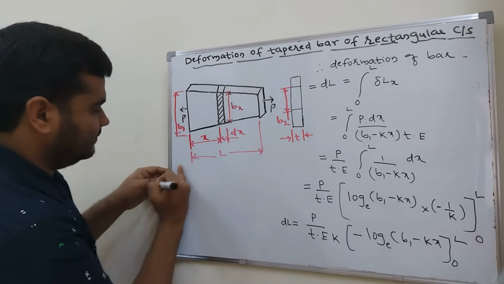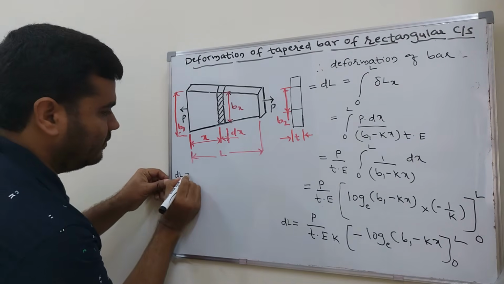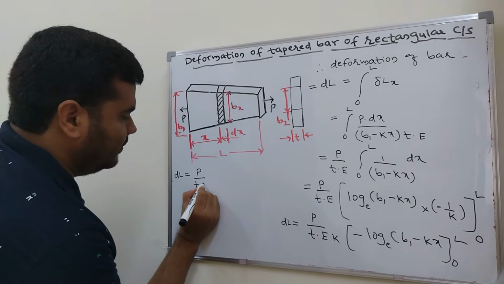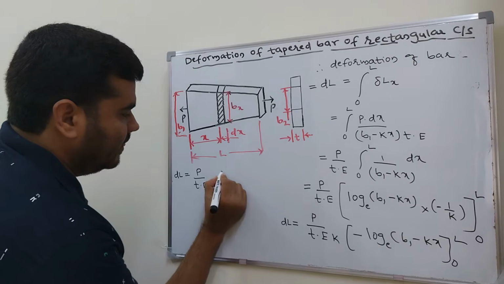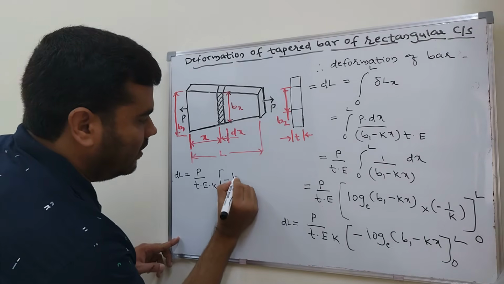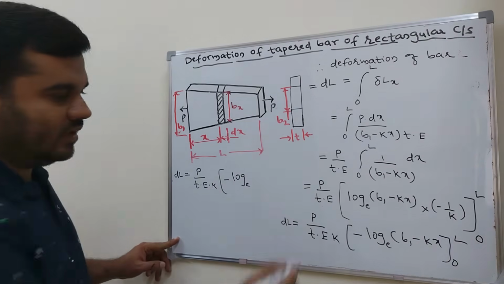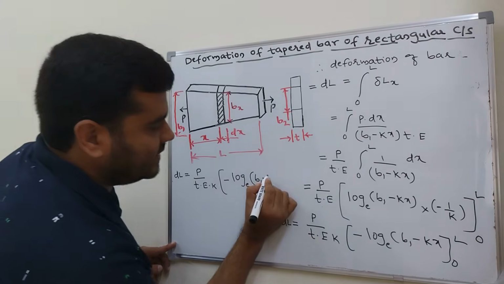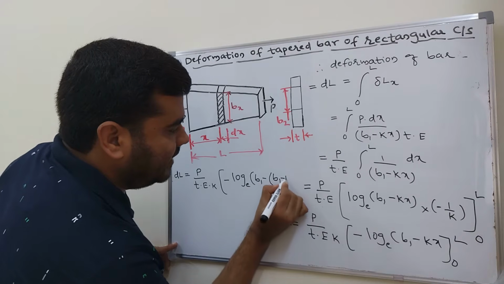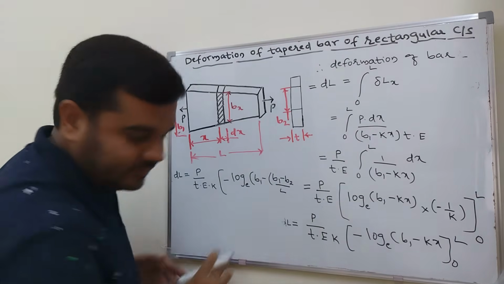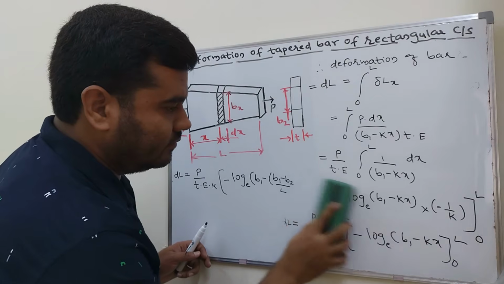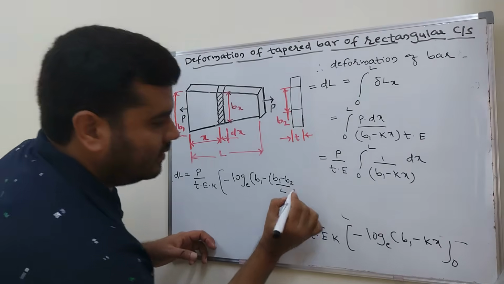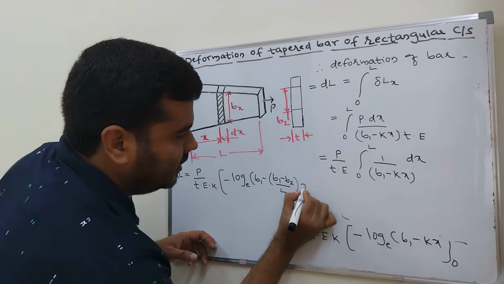Therefore, deformation dL equal to P divided by t into E into k, now minus log to the base e of b1 minus k x, where k is b1 minus b2 divided by L, into x.